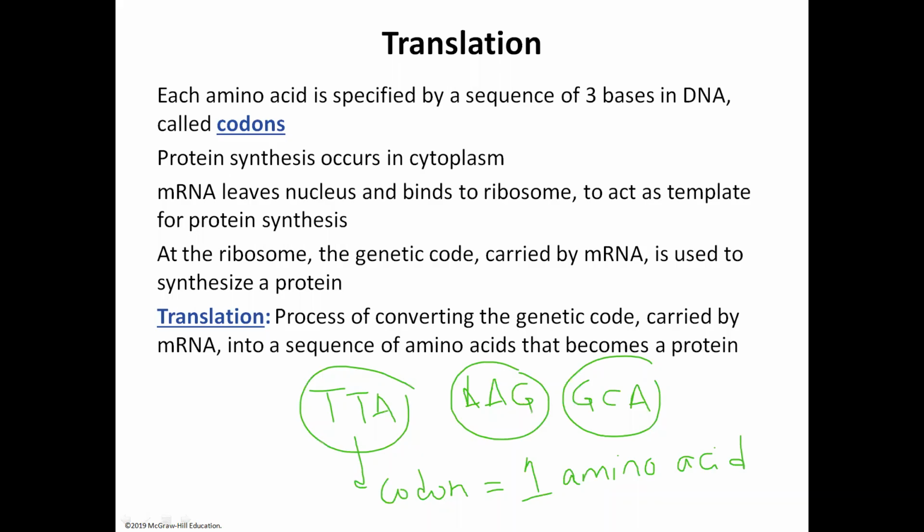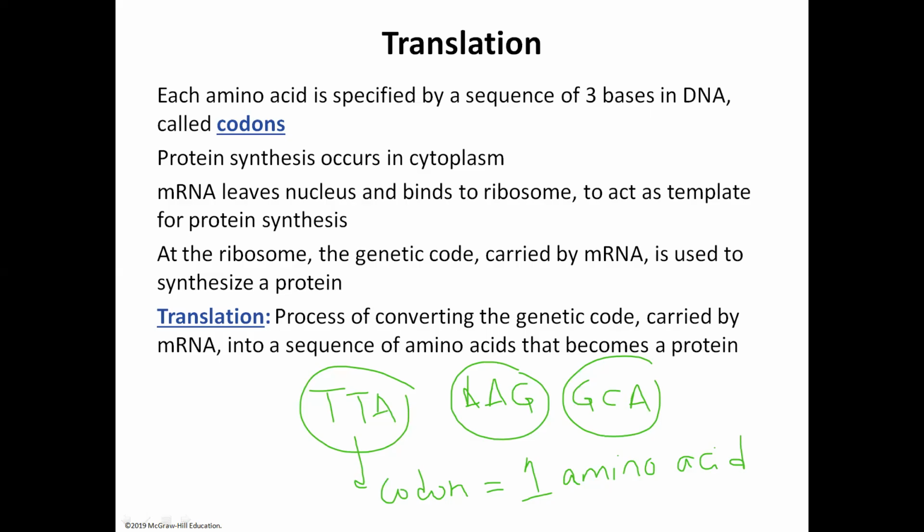And so when we think about now the translation that takes place, now we have this messenger RNA that we got from the nucleus, and it's going to attach to a ribosome. So the mRNA leaves the nucleus, binds to a ribosome, and acts as this template to actually start making the protein. And at the ribosome, this genetic code that's carried by this messenger RNA is actually used to start synthesizing this protein.